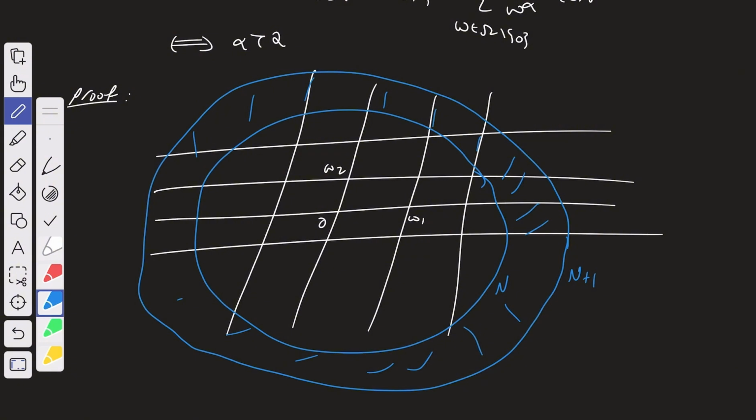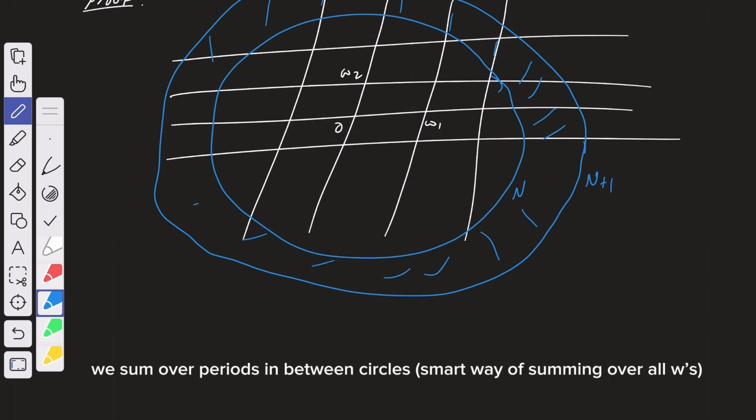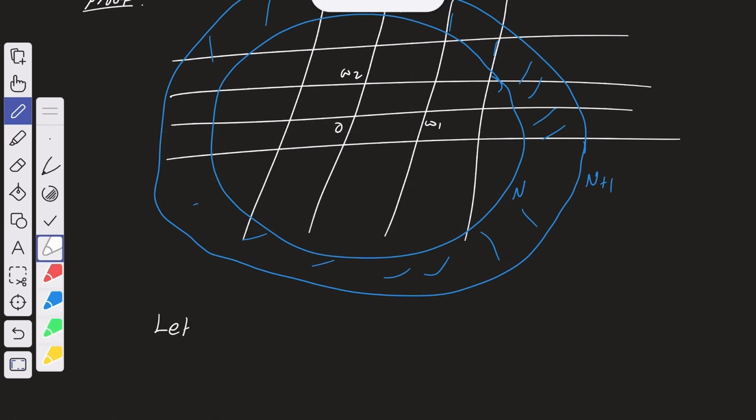The reason we're going to do that is that we want to find a partial sum that is easy to analyze with respect to alpha. So here's the idea. Let k of n be the number of periods inside the circle Cn, and let's call this circle Cn, meaning the circle of radius n.